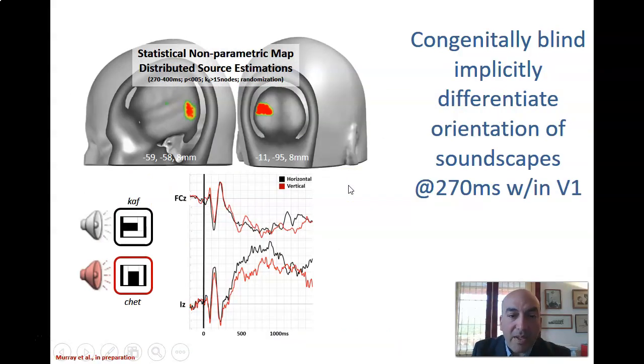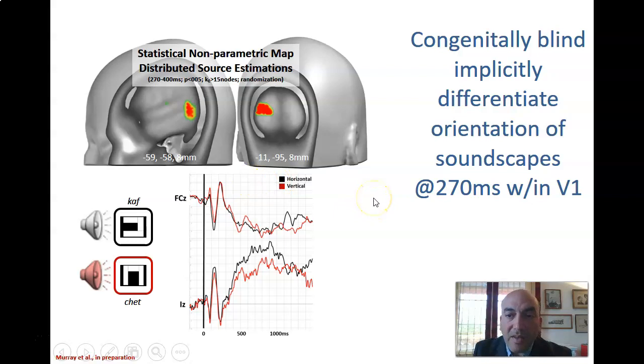We also can look a step further at the implicit differentiation between stimulus orientation. Here, taking one example of a letter that is predominantly horizontal versus another letter that is predominantly vertical in its orientation, what we observe is that the brain again is able to differentiate between these two sets of stimuli, despite the same behavioral task required of them, starting here at 270 milliseconds post-stimulus onset, with the effects happening first within primary visual cortices.